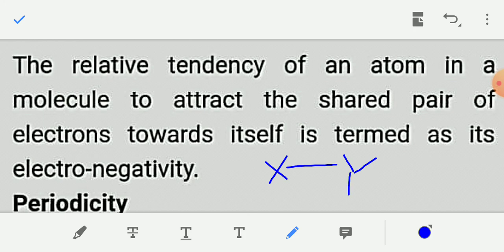If the electronegativity of X is greater than Y, then X will attract the shared pair of electrons toward itself. Similarly, if the electronegativity of Y is greater than X, then Y will attract the shared pair towards itself.